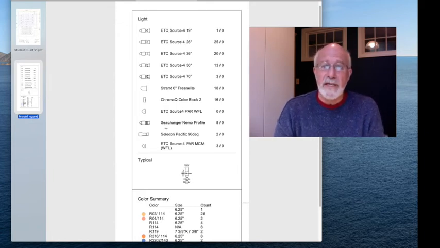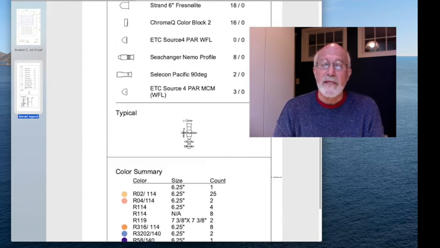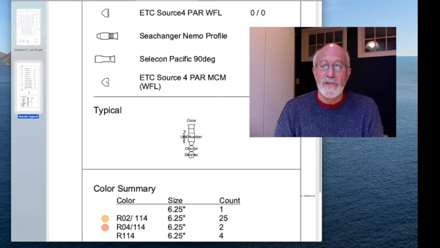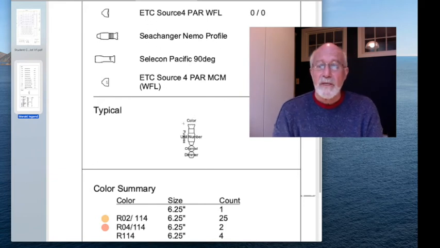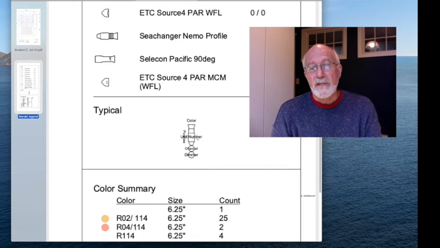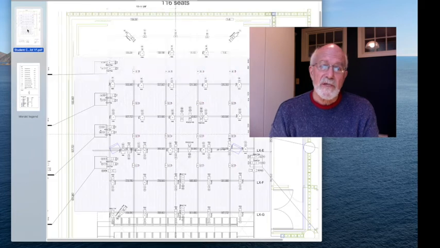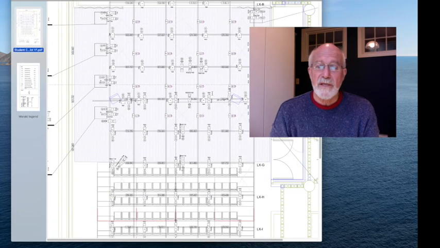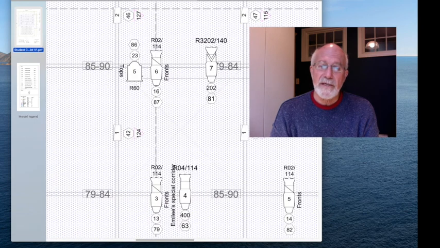So for example, it tells us what this icon represents for an instrument, and in front of it is the color number that identifies the color filter that goes in there. And key here for us, this says channel and dimmer.